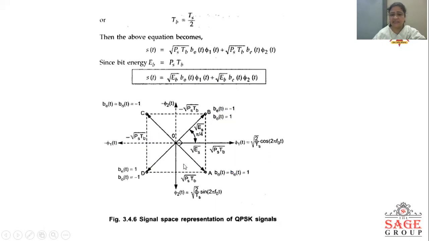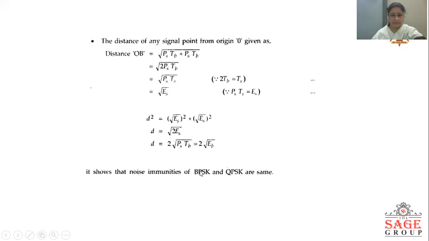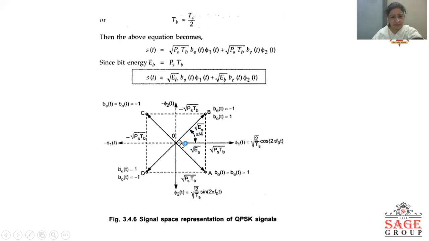So here we can see that there is a phase difference of 90 degrees between two symbols. Now, if I want to find the distance of the signal point from the origin, I use the Pythagoras theorem: the hypotenuse is given by the square root of perpendicular squared plus base squared.